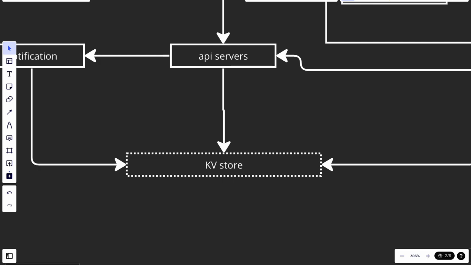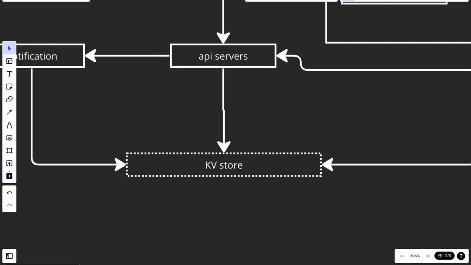If your application needs complex queries involving multiple tables and relationships, SQL databases excel in this area. We have data integrity. If maintaining data integrity and enforcing strict constraints such as foreign keys are crucial, a SQL database is good for that.